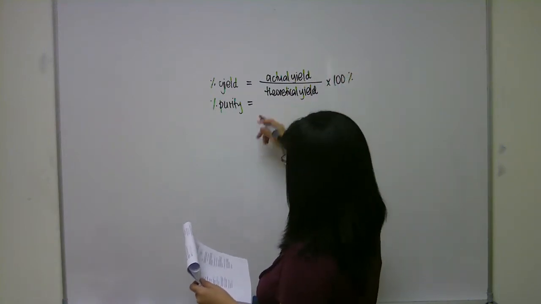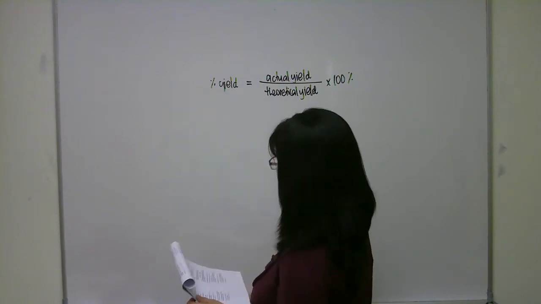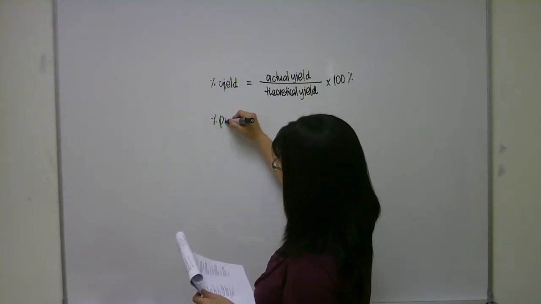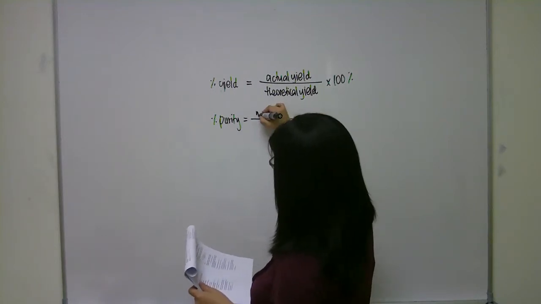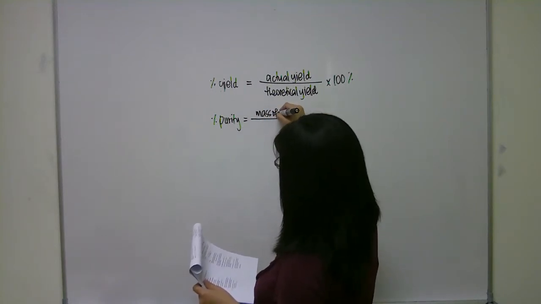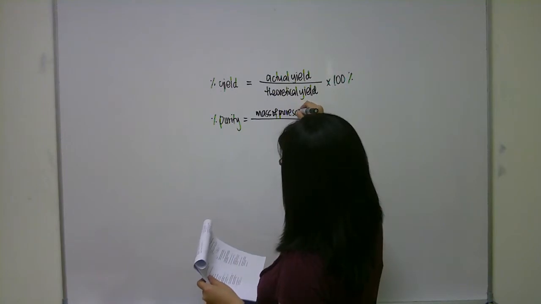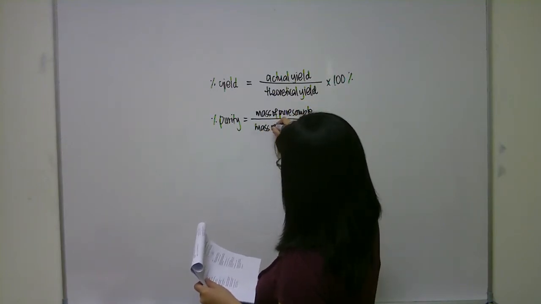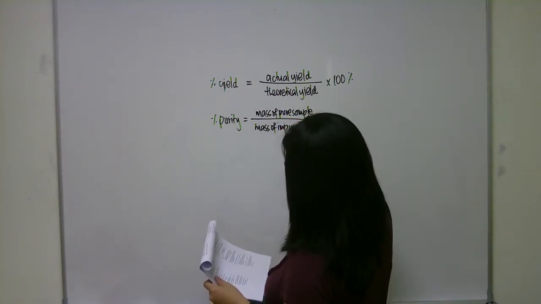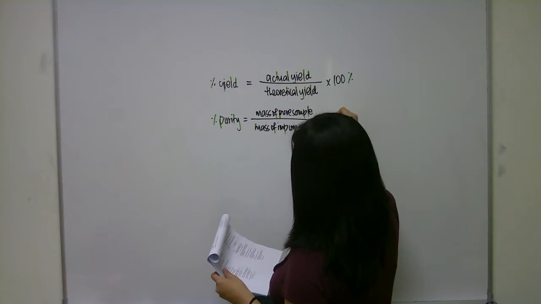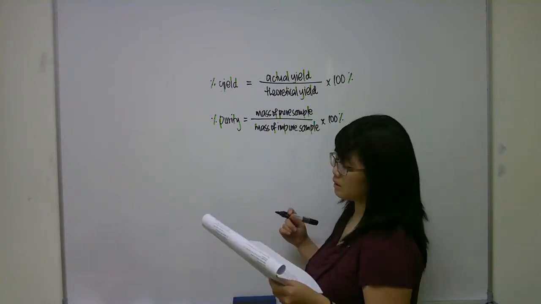Okay, and percentage purity will be mass of pure sample over mass of impure sample times 100%. Okay.